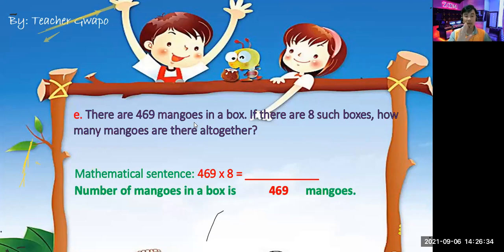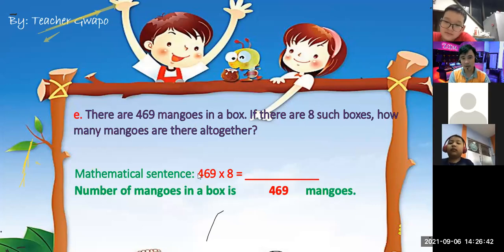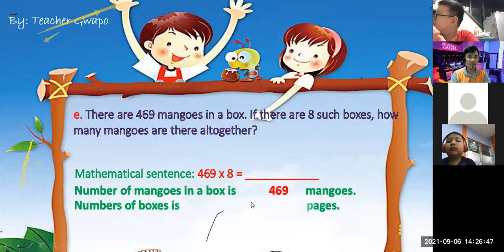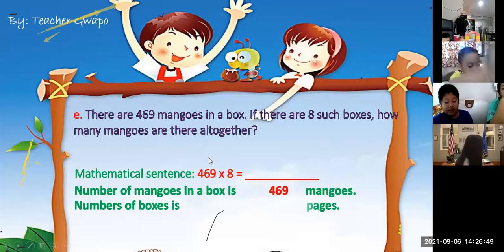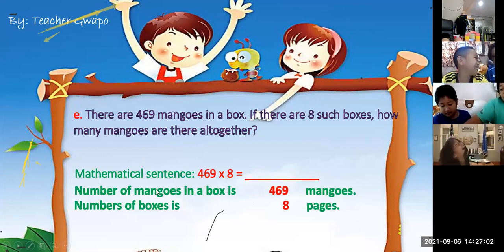Next, we write the number of boxes. How many boxes? 8 boxes, right? So the number of boxes here is 8 boxes. After that, we will just multiply.